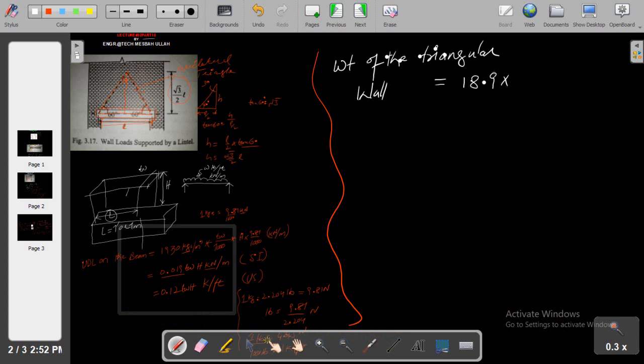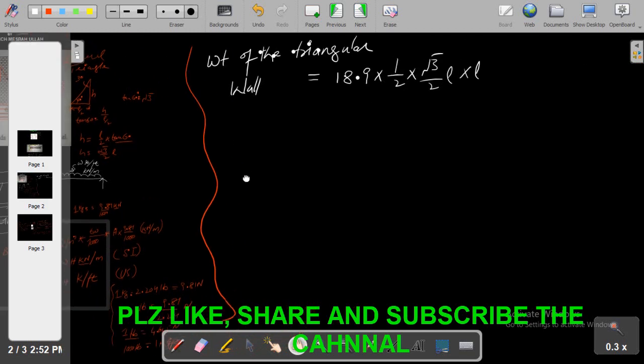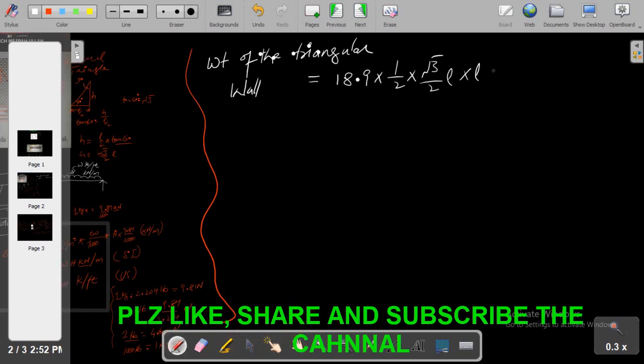So density times the area of this triangle. The area of this triangle will be 1/2 times the height of the triangle, that is root 3 divided by 2 into L, into base, and into the thickness of the wall, divided by 1000, with TW in millimeter.